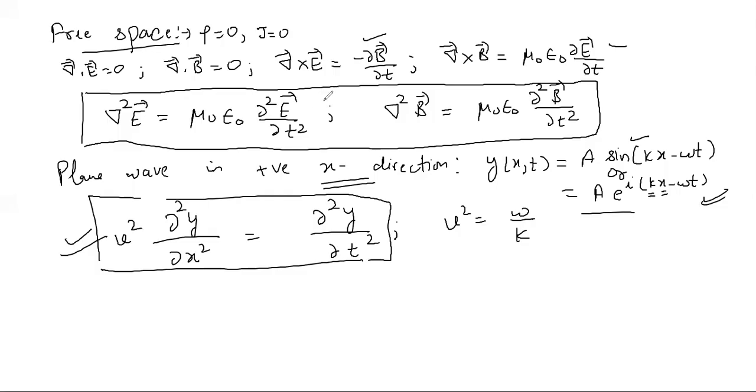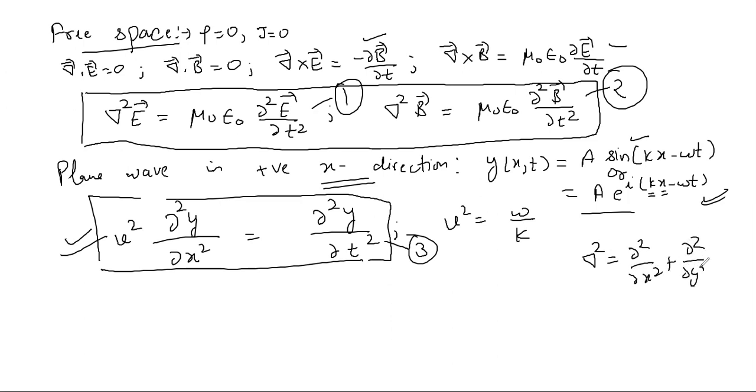Now, I would like you to compare this equation or the magnetic field equation with equation number 3 here. Del square is nothing but your differentiation in 3D. This is what we called del square from the previous class. Right?